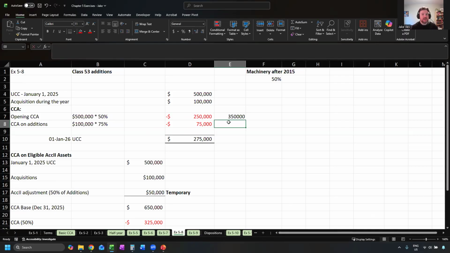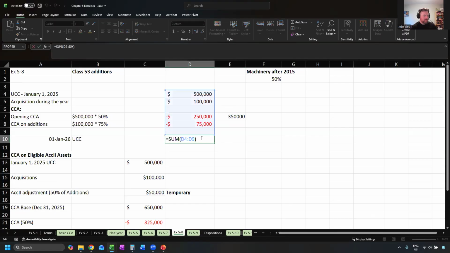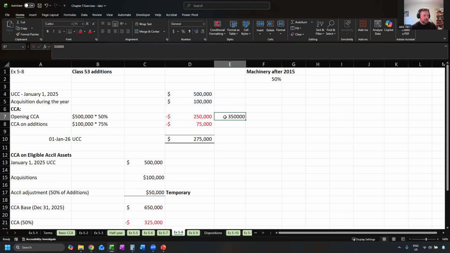So we're going to deduct that much from our income for CCA. 600,000 minus, sorry, I said 350. That's 325. Sorry about that. So 600,000 minus 325,000 leaves us with a UCC of 275,000. So we add our additions to our existing UCC, subtract the CCA taken, UCC going forward is 275,000.